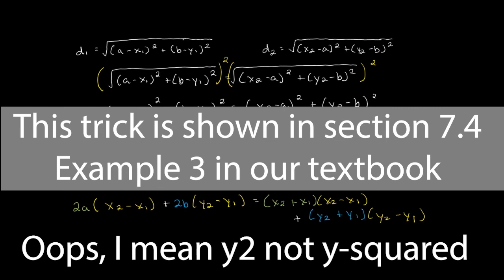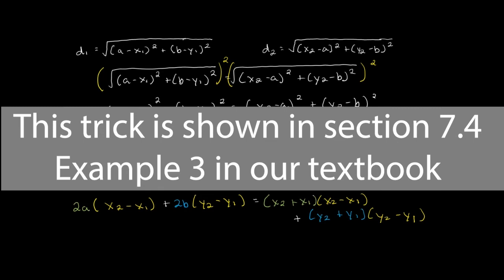And so you notice this little pattern, and we create two equations from here where I'm going to set the fronts equal for the x, and then the fronts equal for the y. And this is a trick that we also use when you're doing partial fractions, which shows up in calculus. So I'm going to go to my next slide, and I'm going to set 2a equal to x2 plus x1, and then 2b equal to y2 plus y1.